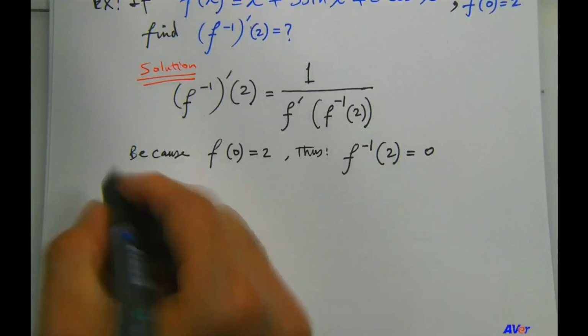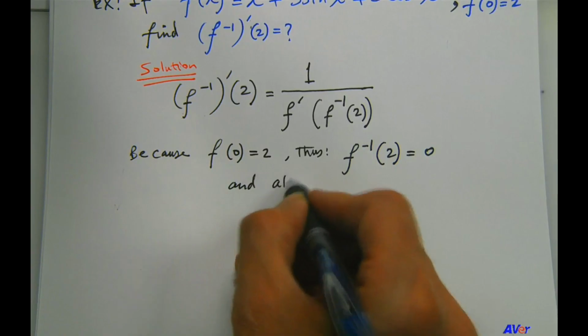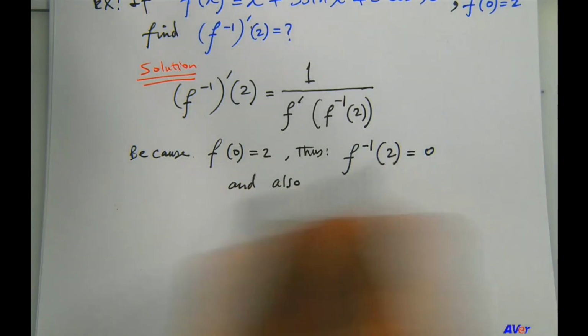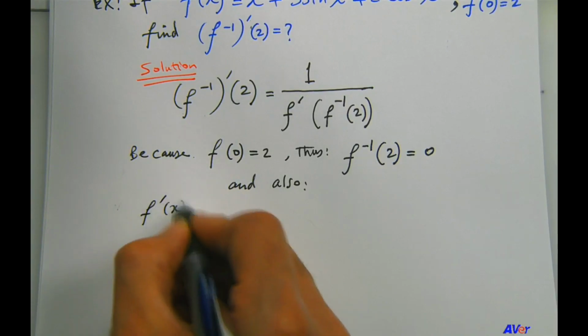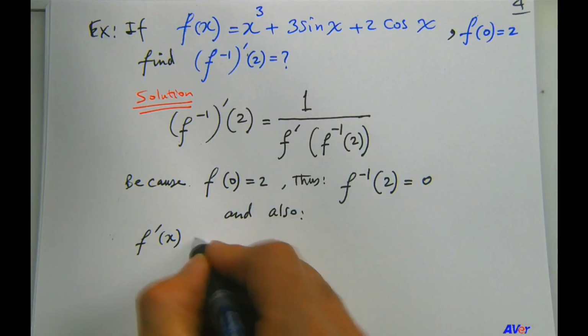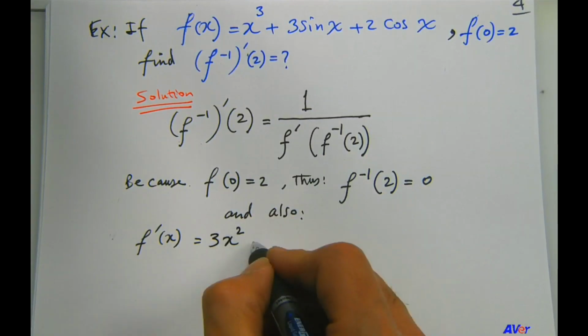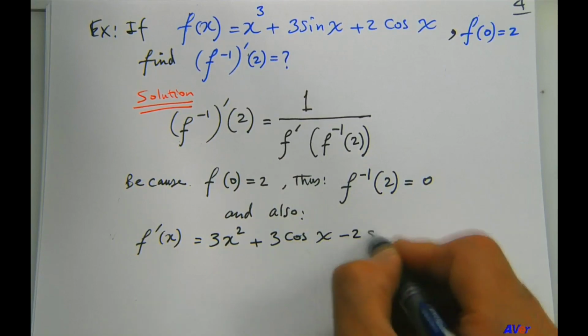So let's find the derivative. The derivative of that original function is equal to 3x squared plus 3 cosine of x minus 2 sine of x.